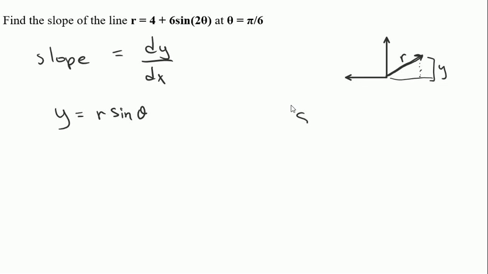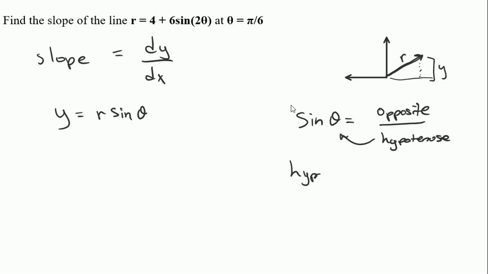The answer is because sine theta is equal to opposite over hypotenuse. If you bring this hypotenuse across, you get hypotenuse times sine theta equals opposite. Now you can see over here, if this is our theta, then y is the opposite, and r is the hypotenuse. Therefore, you get r sine theta equals y.